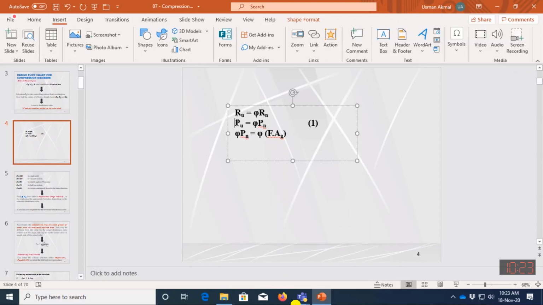I will copy Pu from here, and instead of this I will substitute the value of phi c Pn, which is equal to the area term. Actually, we are supposed to compare the applied load effect, which is a factored compressive force, with the capacity. In this equation, there is one issue. The only unknown is the gross area, if we know the stress limit.